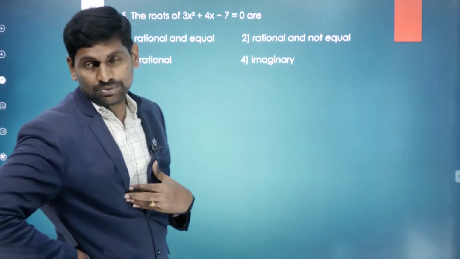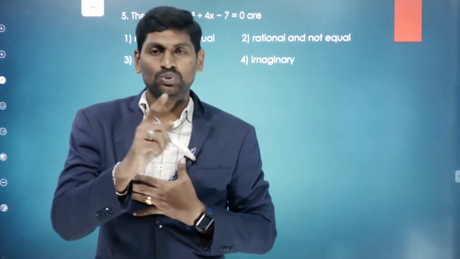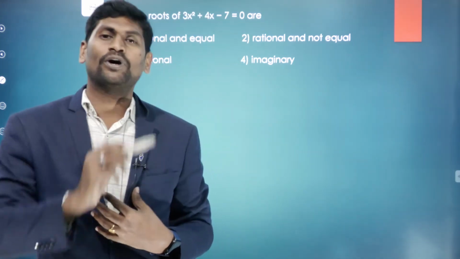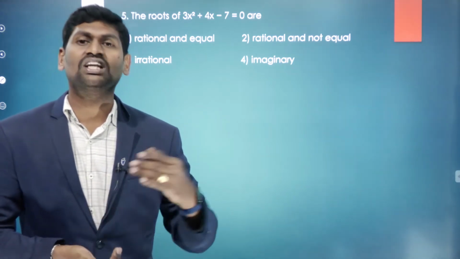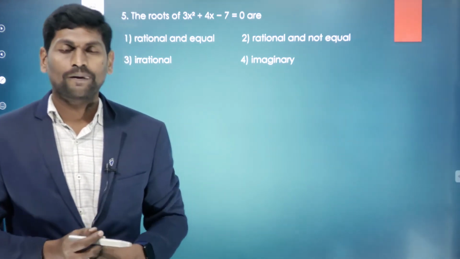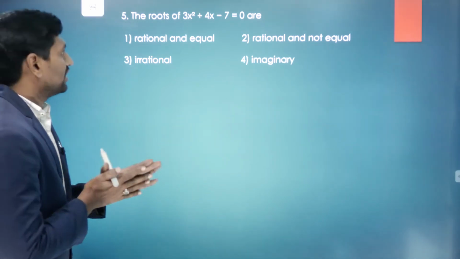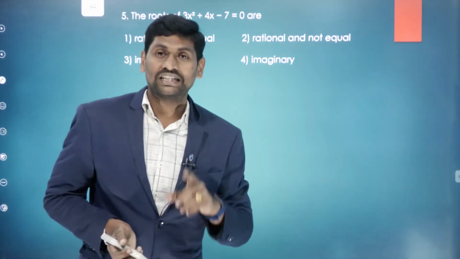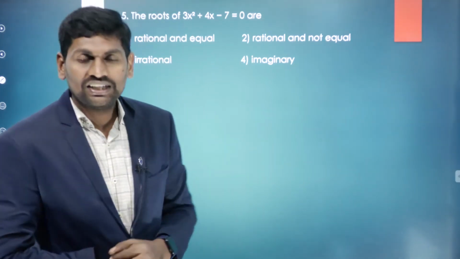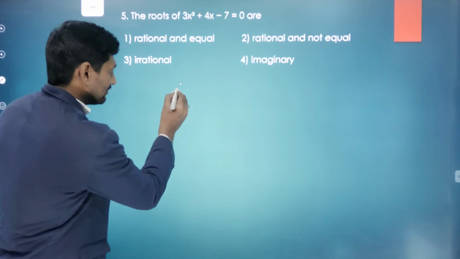For finding the option, we discussed that parabola. If it touches at two distinct points, there are two different roots. If it touches at the same point, both roots are equal. Never touches means not equal, nothing but irrational roots. Now, coming to this topic, we need to discuss the discriminant first. Discriminant is nothing but delta, right?